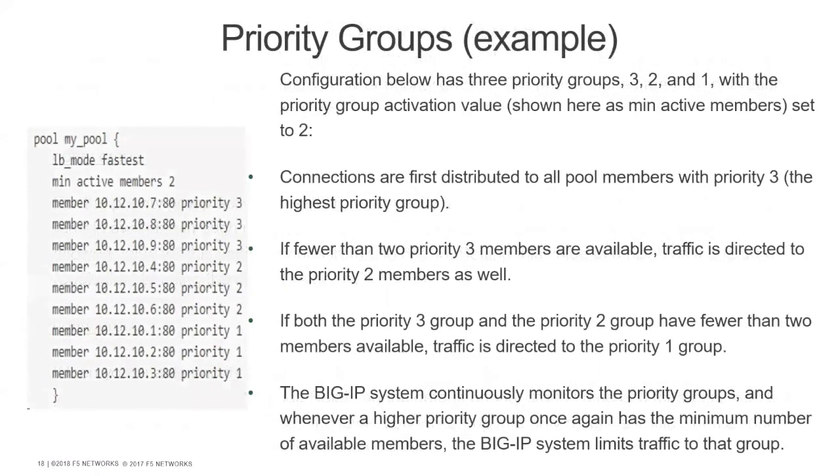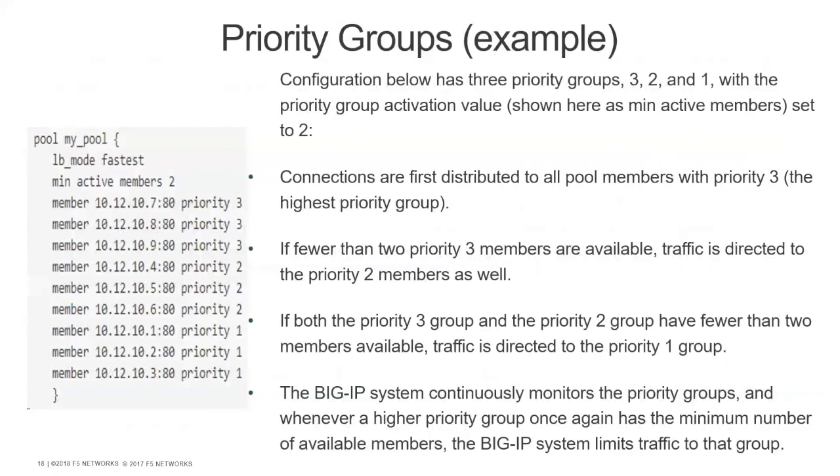Seeing an example here, this configuration has 3 priority groups: priority group 1, priority group 2, and priority group 3. When connections come in from the client, they are going to be distributed to the pool members that have priority 3, which is the highest one. Note that the minimum active members is 2. So clients are going to come in, and we're going to distribute to the members in priority 3.